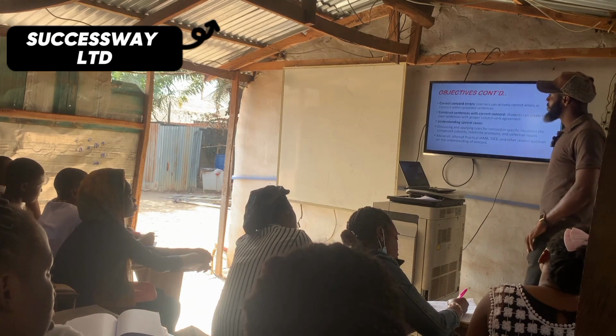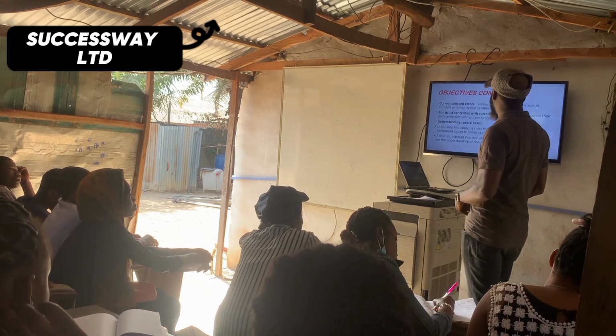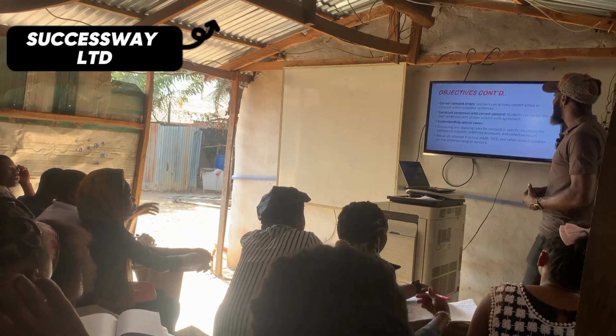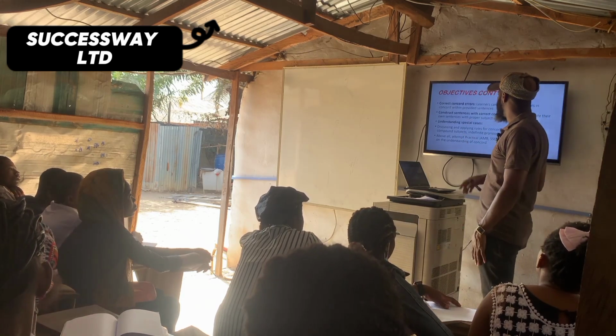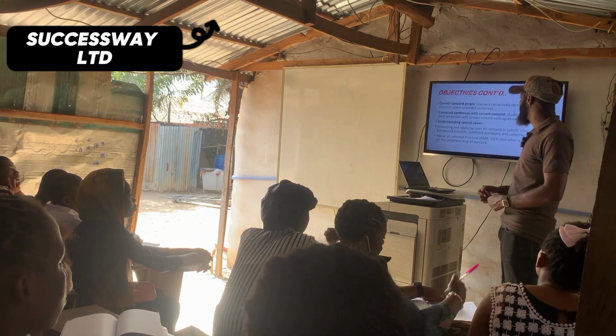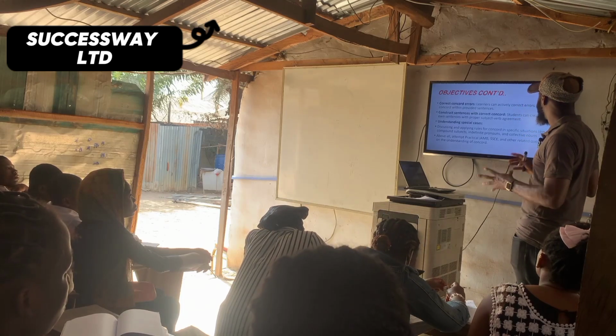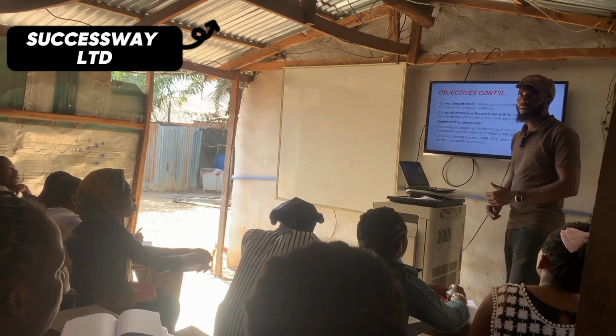So our objective continued. They said correct Concord errors. Learners can actively correct errors with Concord within provided sentences. The next is construct sentences with correct Concord. Students can create their own sentences with proper subject-verb agreement, right?